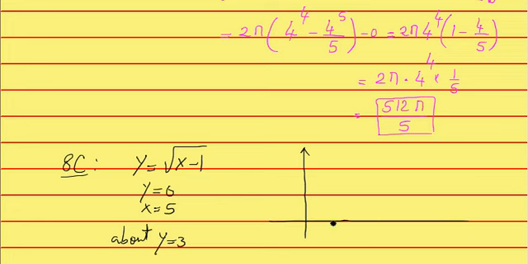That's a parabola that starts at 1 and opens rightward. So y equal to radical x minus 1. y equal to 0 is just the x-axis. x equal to 5, some convenient place here. So x equal to 5.